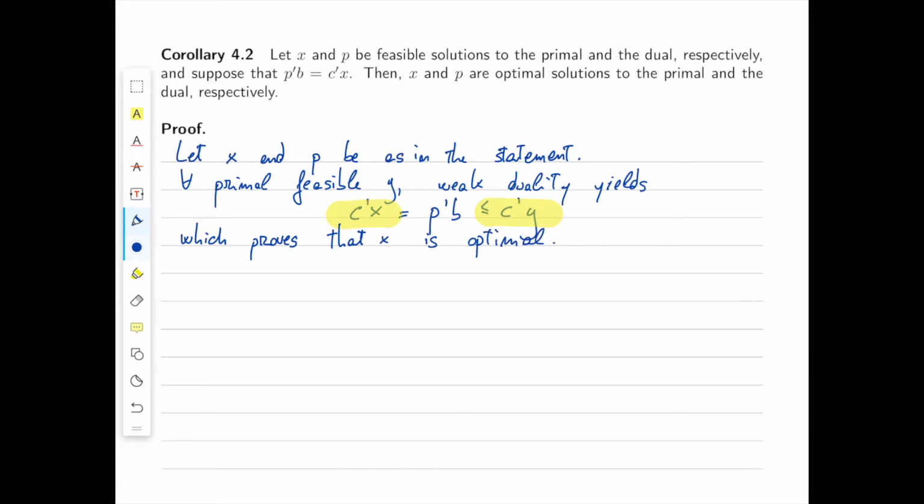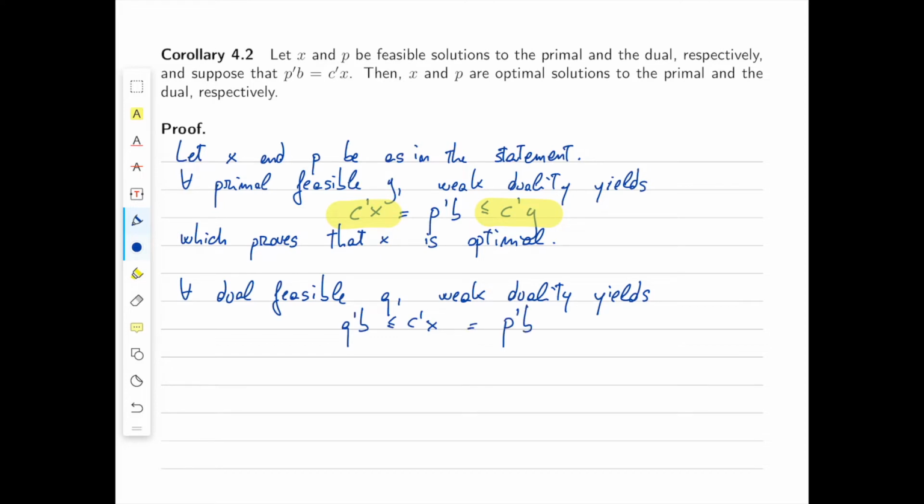To prove that P is optimal to the dual, we use a symmetric argument. For every dual feasible Q, weak duality yields Q transpose B less than or equal to C transpose X. But once again, C transpose X is equal to P transpose B. So we have obtained that P transpose B is greater than or equal to Q transpose B for any dual feasible Q. This proves that P is optimal.